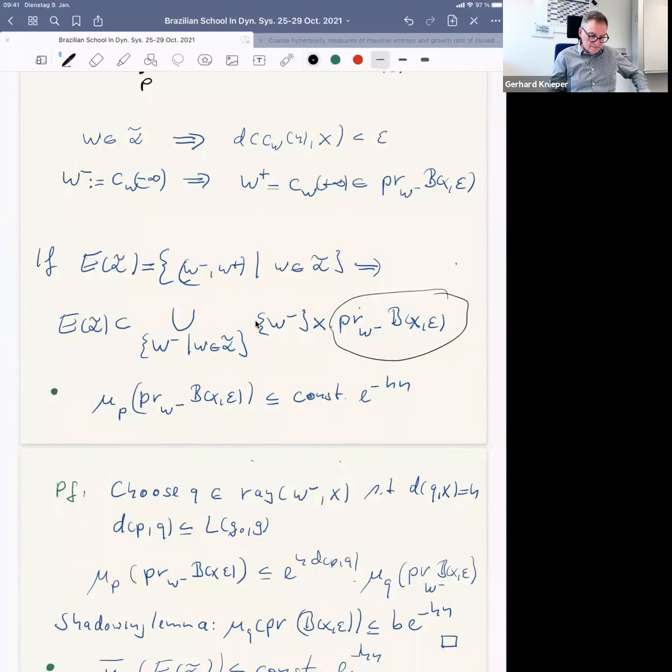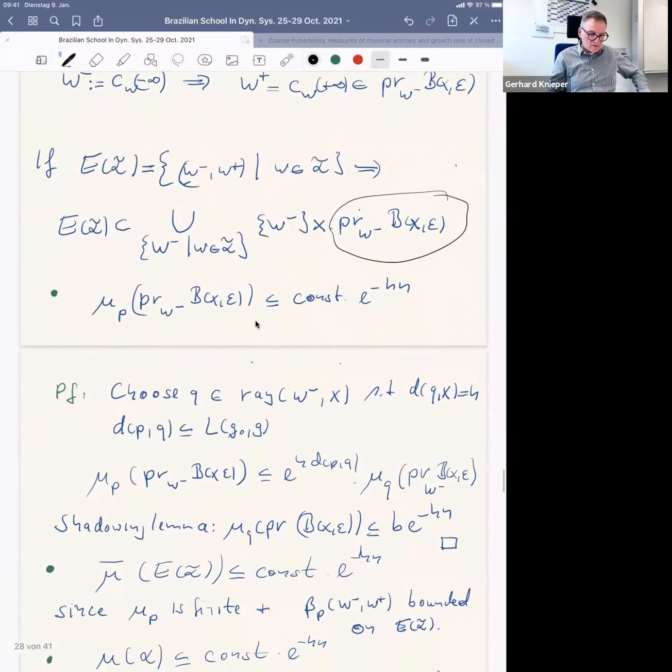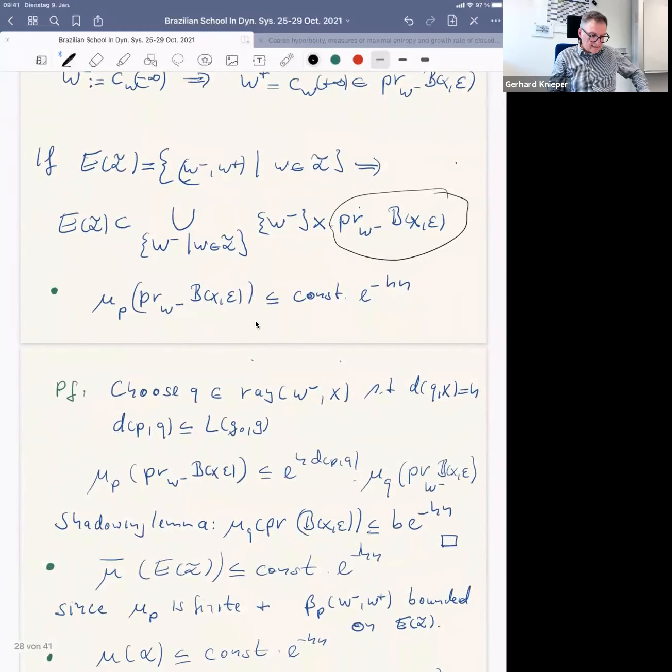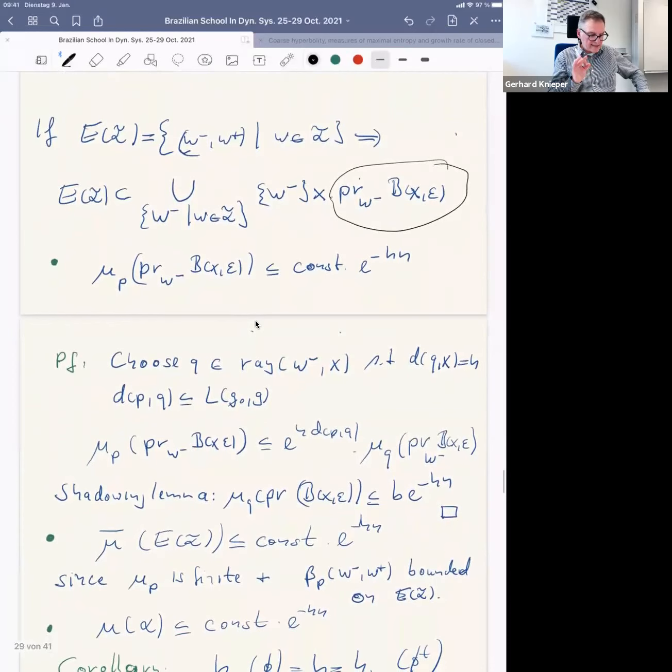And now I claim that this is already enough for getting, maybe not at the beginning, the estimate just for the measure on the boundary points, so on d squared x.